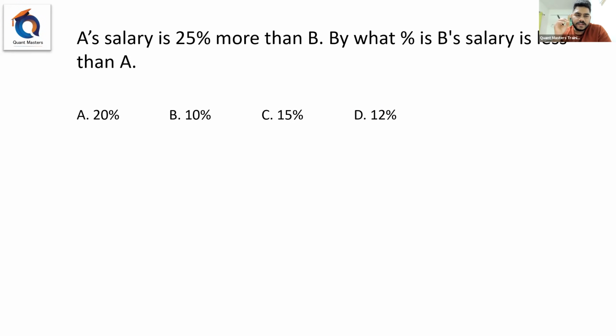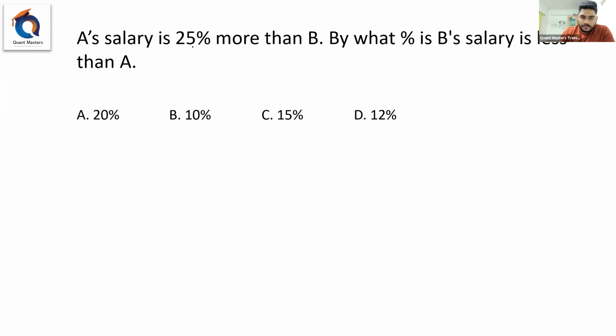Look at this sum. This is a very important sum repeatedly asked in many exams. A salary is 25% more than B. By what percent is B salary less than A? So many people do, okay, let A be 100, or B be 100, or they apply this formula that is R divided by 100 minus R into 100.